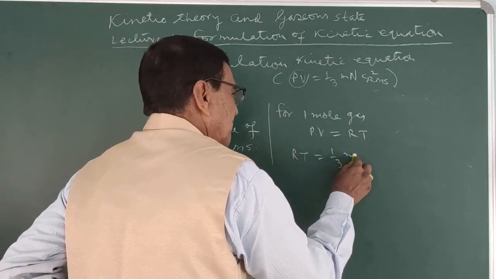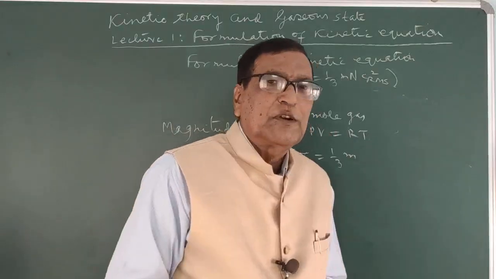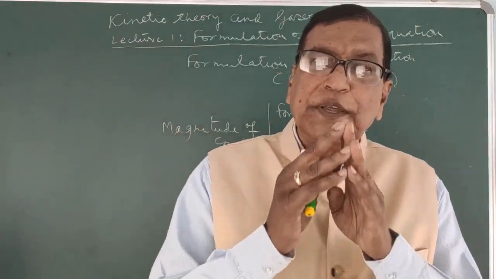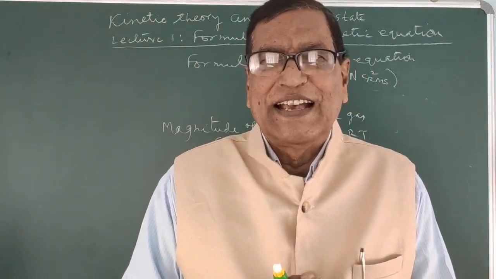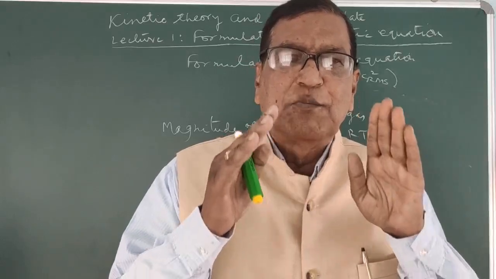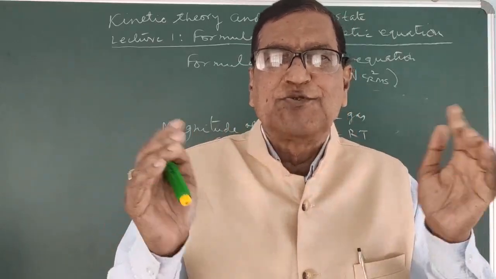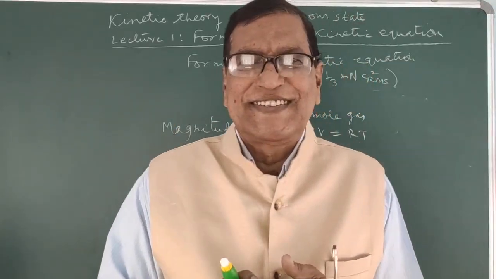So whenever 1 mole of this gas is there, then instead of PV we can write RT equal to 1/3 m, the mass of each molecule, and the total number of molecules will be equal to the Avogadro number. As you know, 1 mole of every substance will contain Avogadro number of particles.